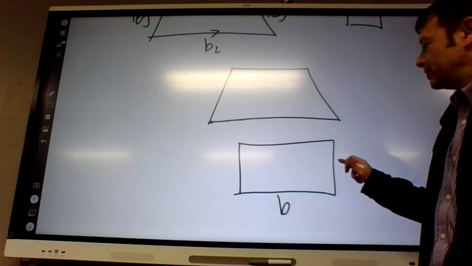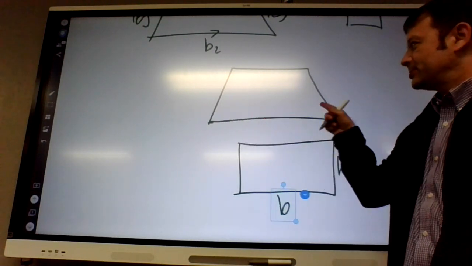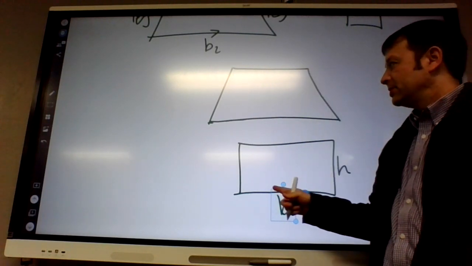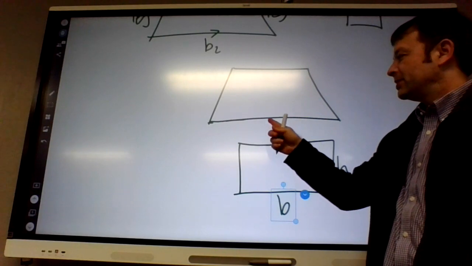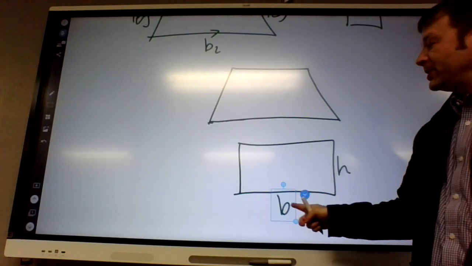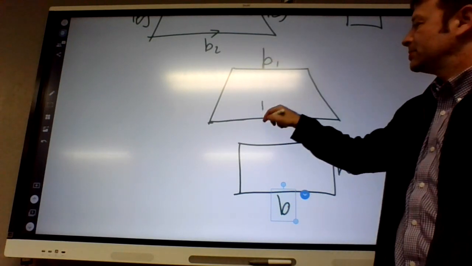Base times height, right? But this base would not be the same as this base or this base. What would the base equal if I pulled that out and pushed it in? Well, the base would be the average of these two bases, right?